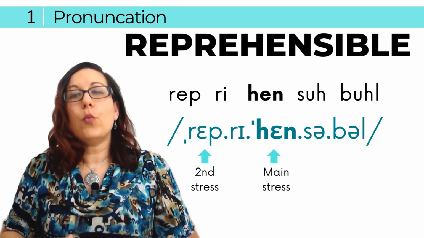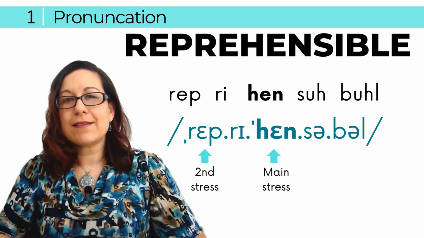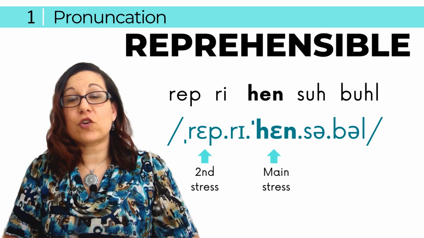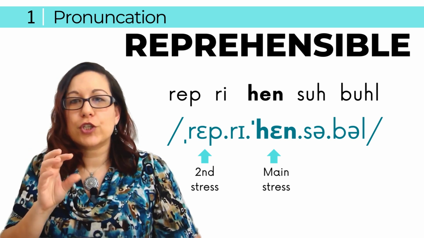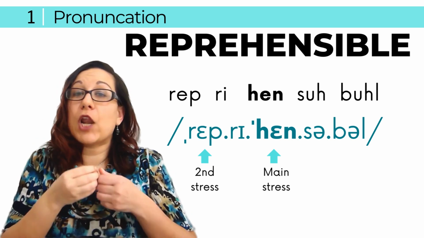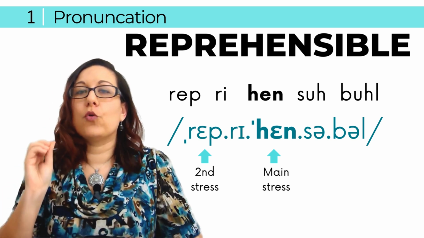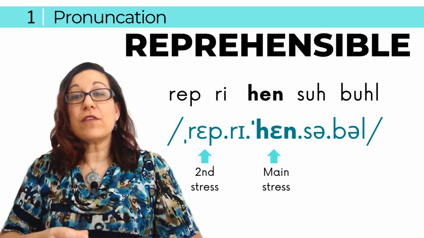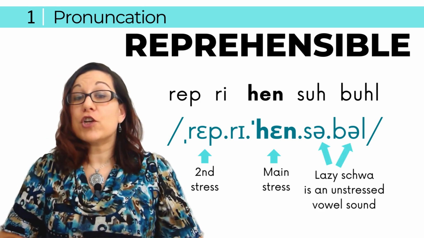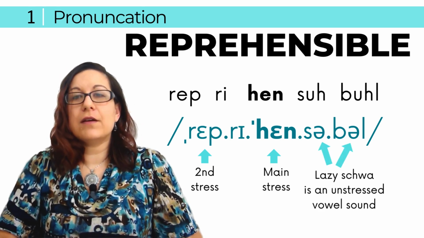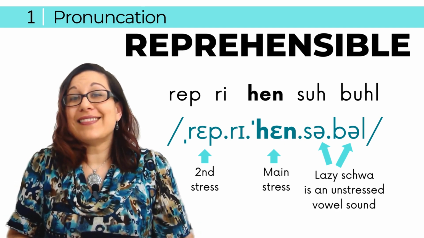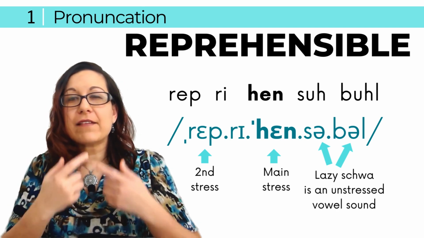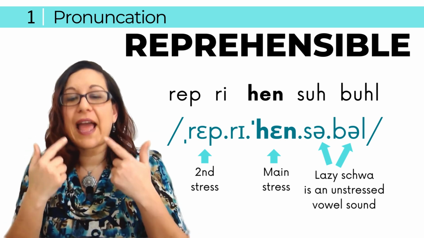When we talk about stressing syllables, we just mean that they are going to be louder, stronger, maybe a little bit longer. Reprehensible. Those final syllables have the schwa sound, what I call a lazy vowel sound because your mouth is very relaxed.